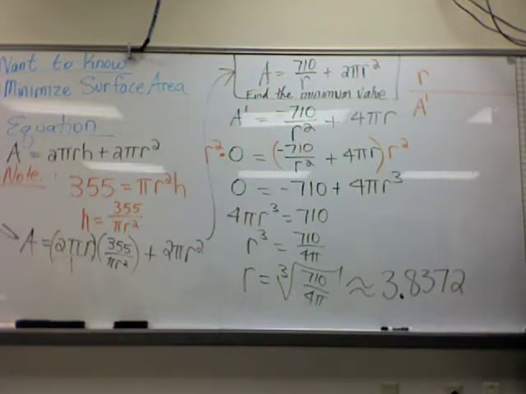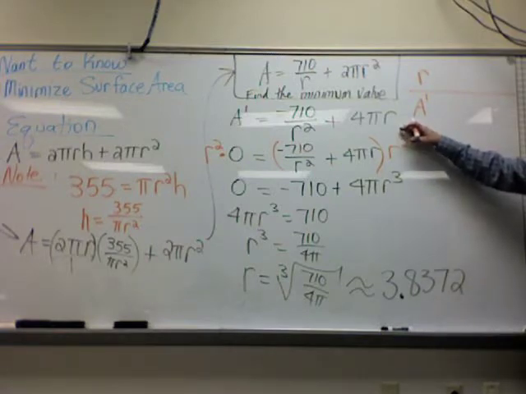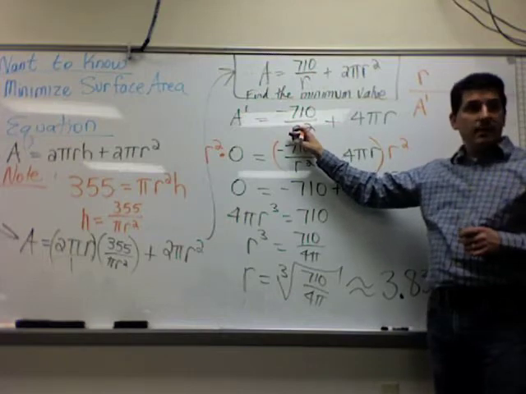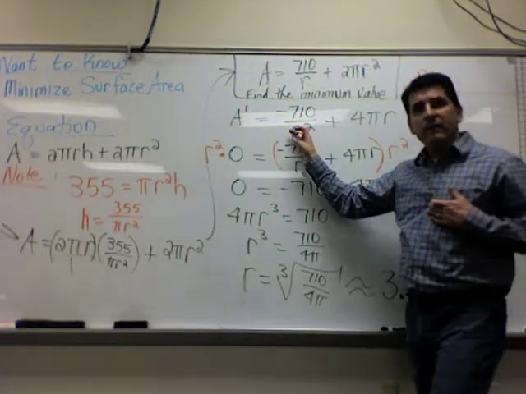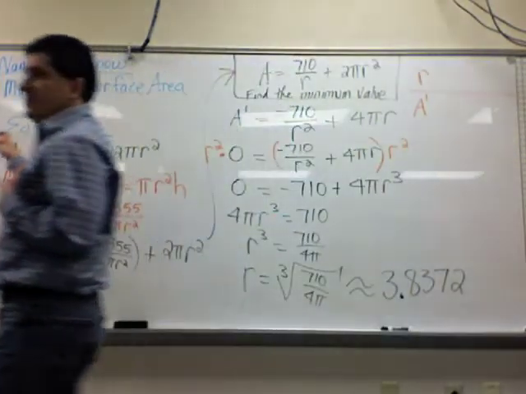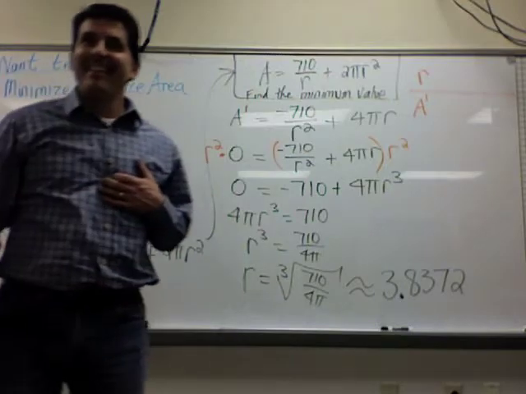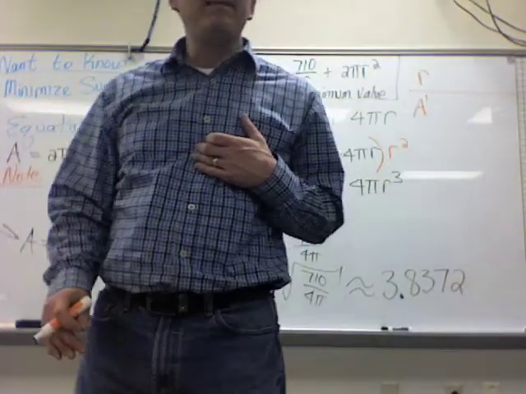What's a critical value for this equation? 0. 0 is a critical value because it makes this one undefined. Okay? Now, for the sake of argument, what would your cylinder look like if the radius were 0? It wouldn't exist, right? We'd have a problem with that.